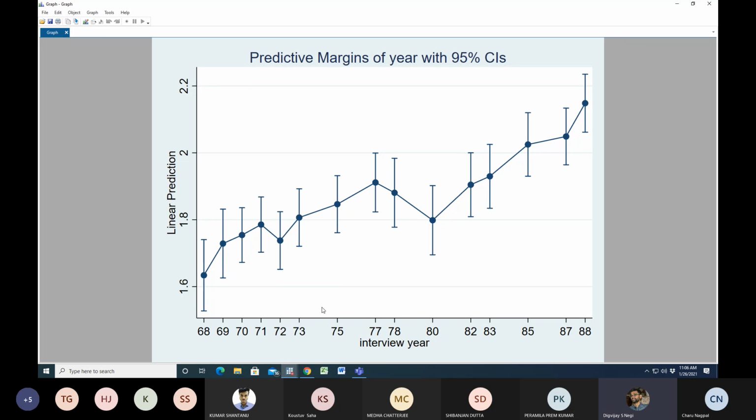Working hours also increase over time because people shift from industries like manufacturing, where you can only work for a certain period, to the services sector, where you can work the entire day sitting in front of your computer. So working hours may increase because of economic development and structural transformation, and wages may go up because the country has become richer.